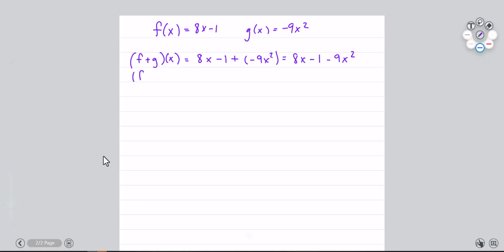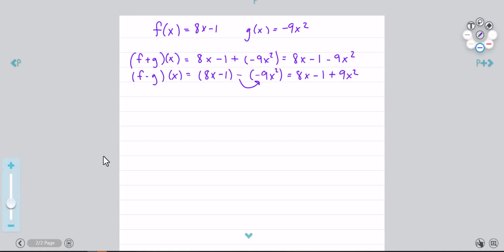When I subtract, you want to be careful, and this is why I typically put the functions in parentheses. Here's the first function minus, here's the second function, because now I can see, oh, a negative and a negative, that's going to become positive. All right, next let's multiply the two functions.